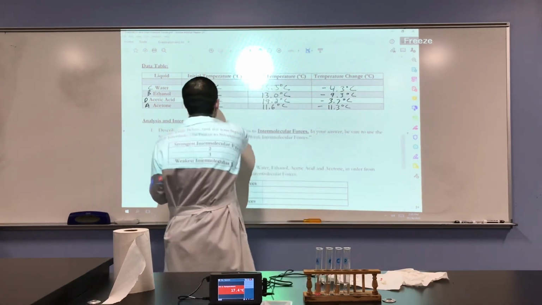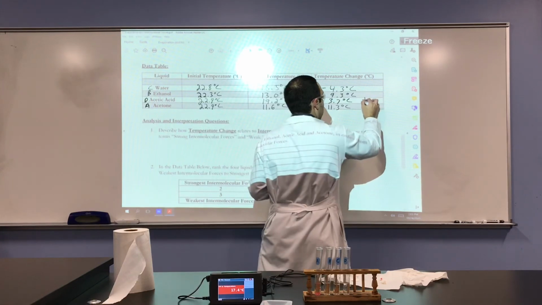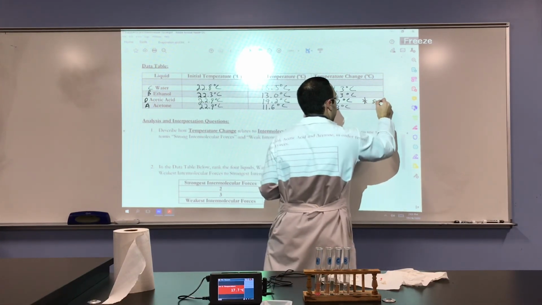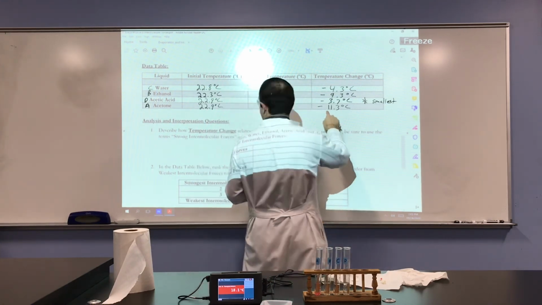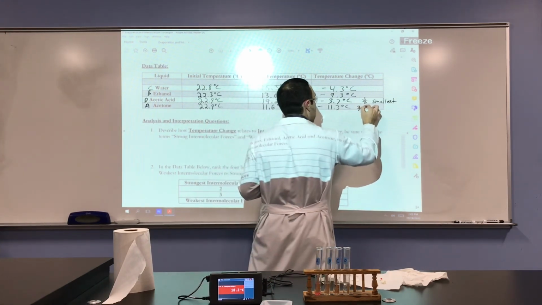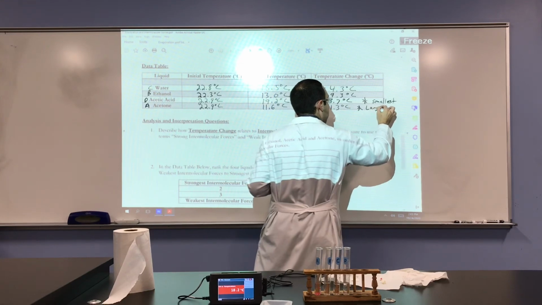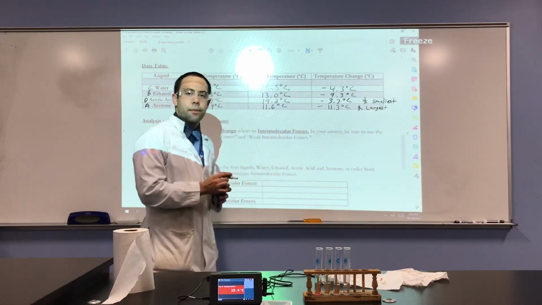So, acetic acid had our smallest temperature change, and acetone had our largest temperature change.